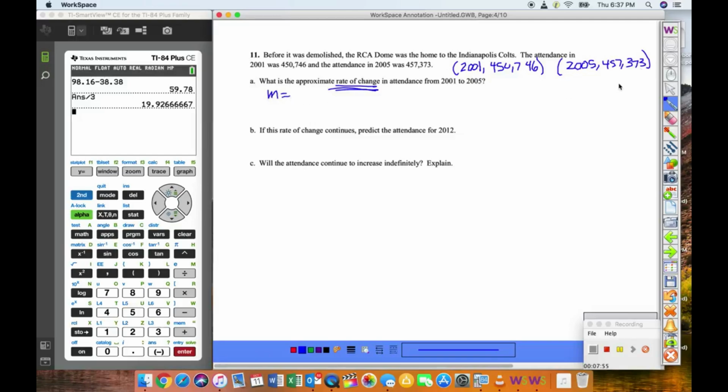The slope will be 457,373 minus 450,746 over 2005 minus 2001.